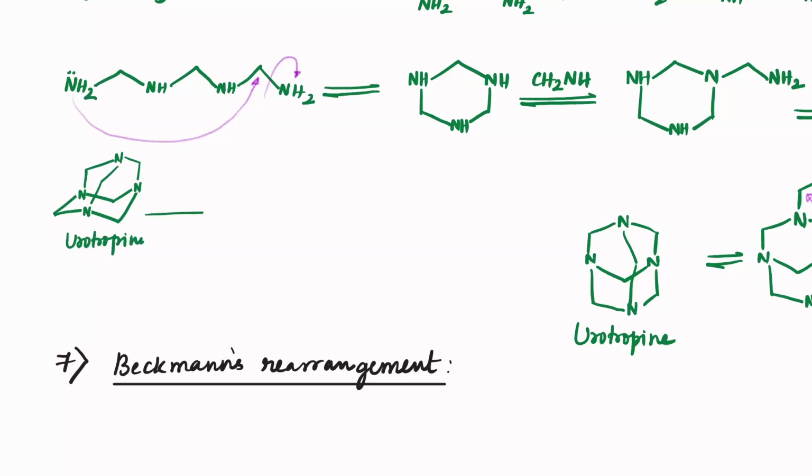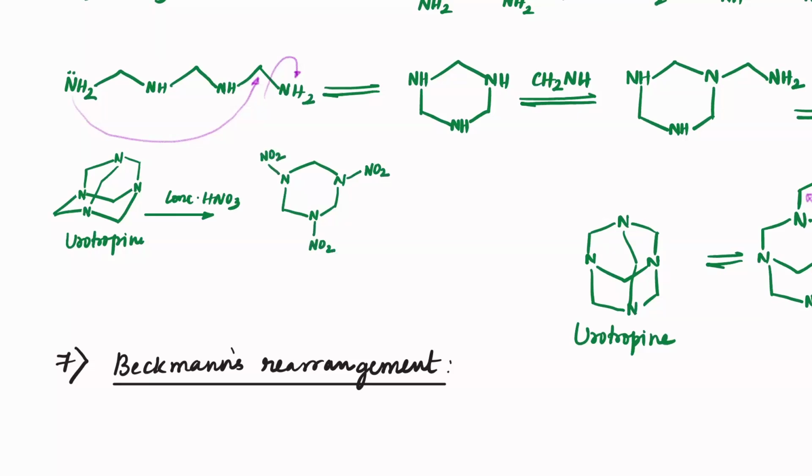Interestingly, when it comes to urotropine, you react this with concentrated HNO3. It will take at least 3 moles, and make this into a ring like this with nitrogen, nitrogen, and nitrogen here, and you will get these positions as NO2, NO2, and NO2.